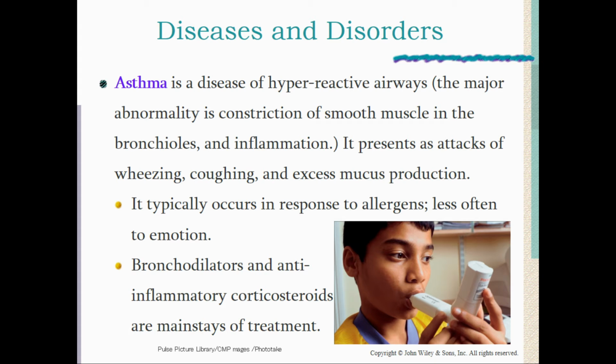It typically occurs in response to allergens, less often to emotion. The bronchodilators and anti-inflammatory corticosteroids are mainstays of treatment. And one of the most popular medications in the inhaler is albuterol. That is a very good anti-inflammatory for the bronchial tubes.